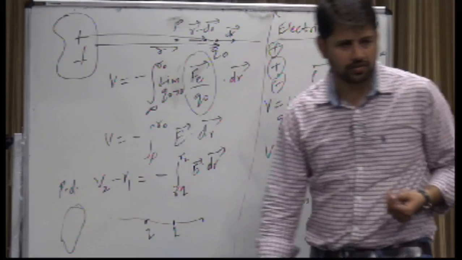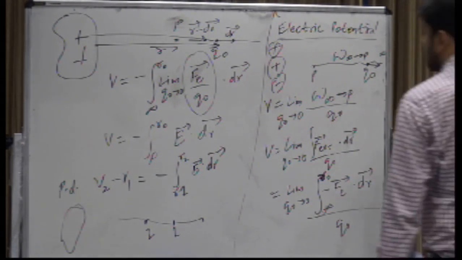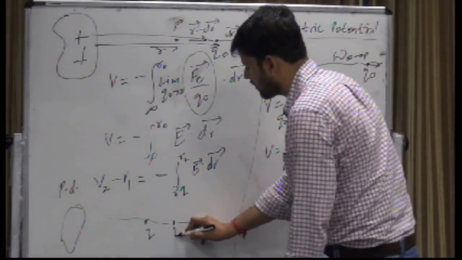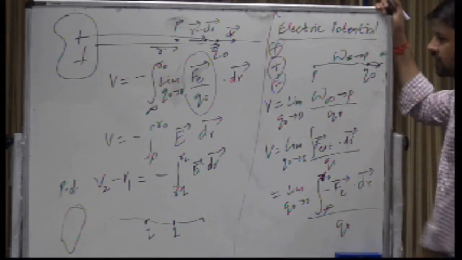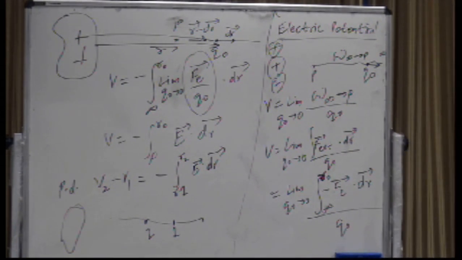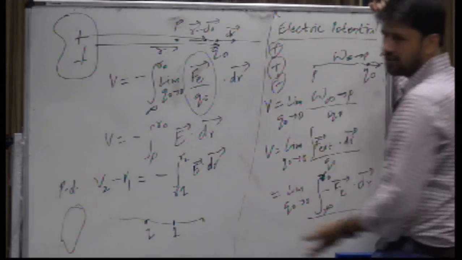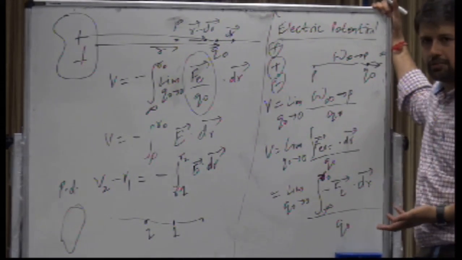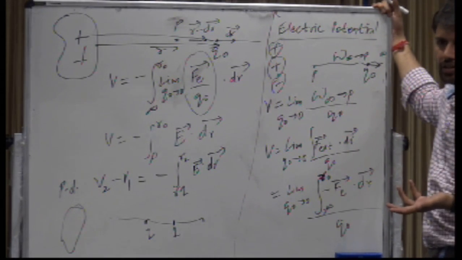This is the potential difference. Is it okay? Okay, you already knew all this, है ना? Minus integral E dot dr होता है potential. Potential difference is actually the same thing but with limits R1 to R2, not infinity to R.